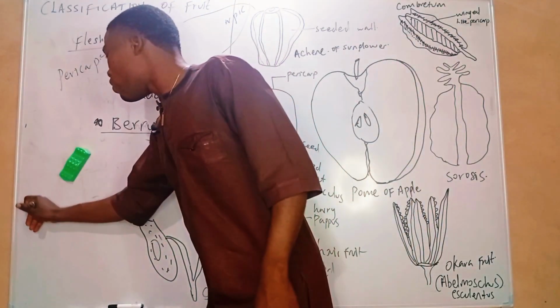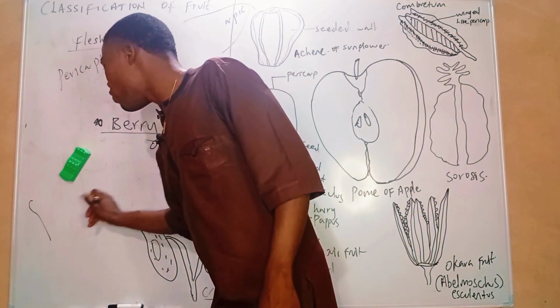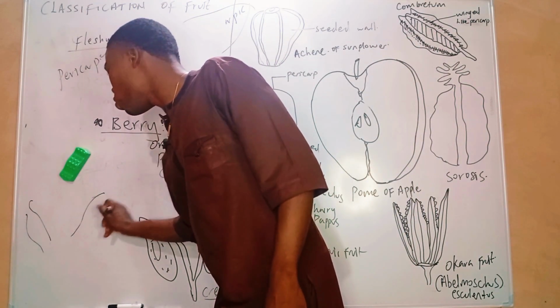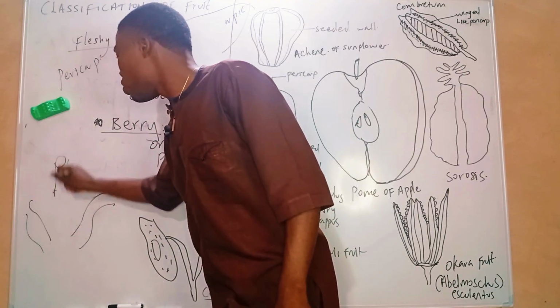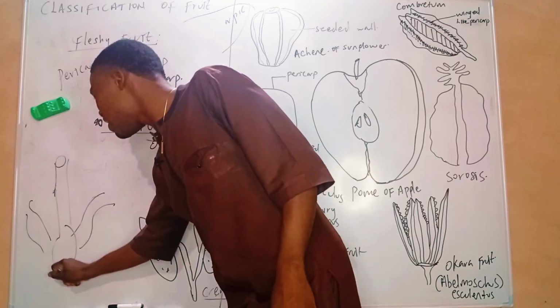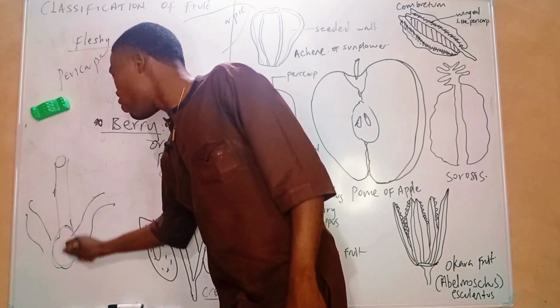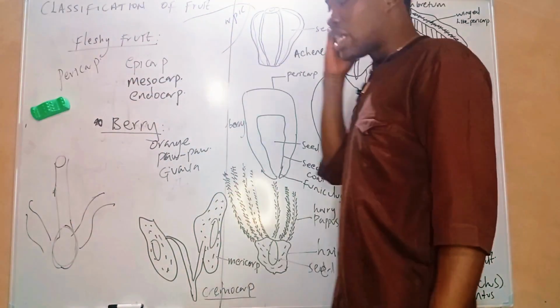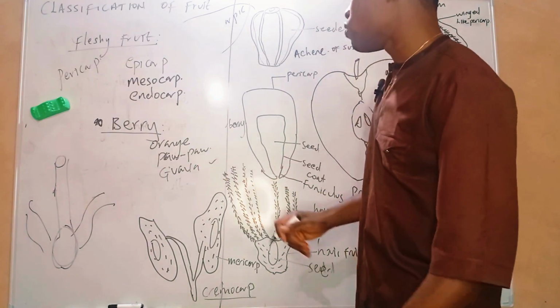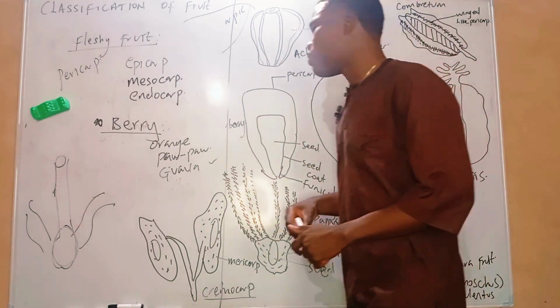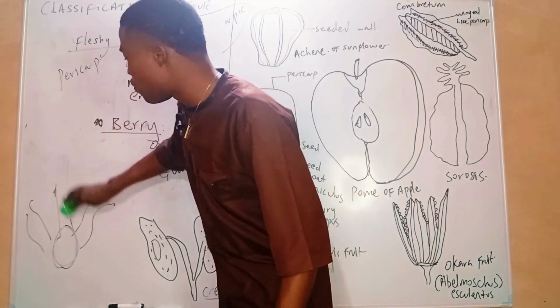So you have to have an idea of flowers before you look at this. If the pistil, the ovary, is inside other floral parts, this kind of ovary is said to be inferior. It's usually inside the receptacle. So that's where the guava falls into place, while the orange and the purple are usually from superior pistil.